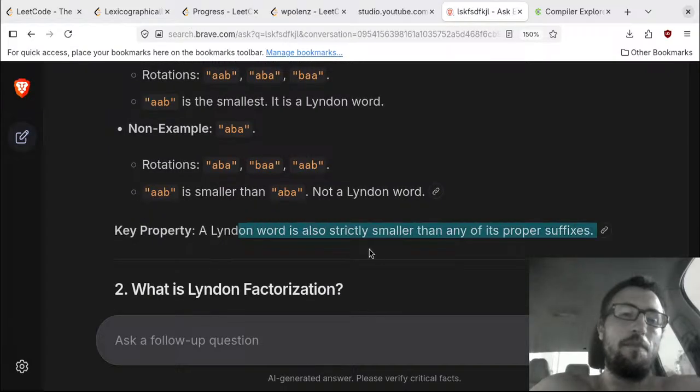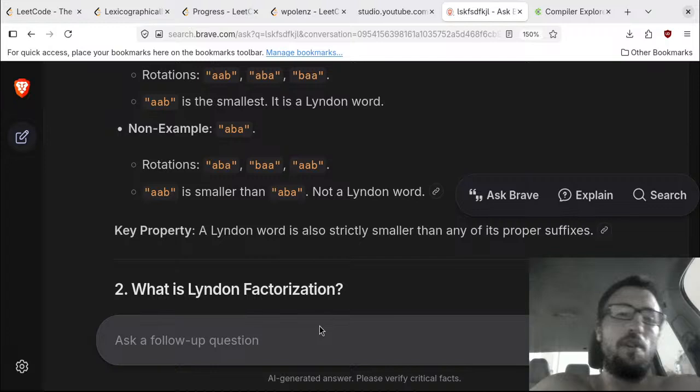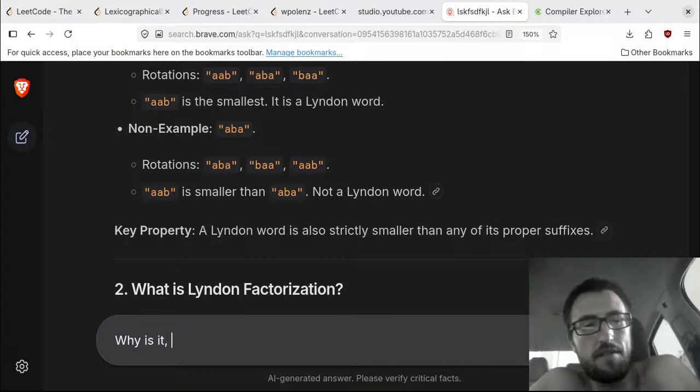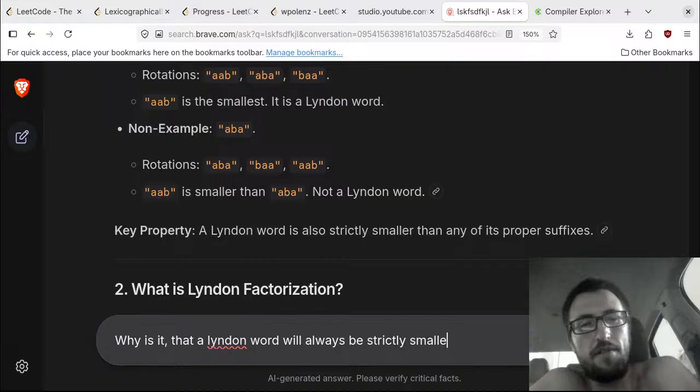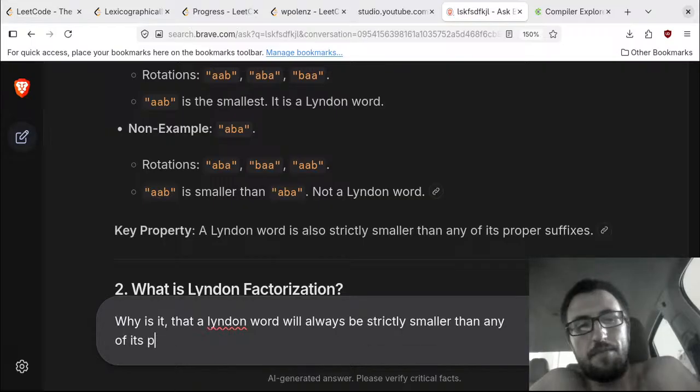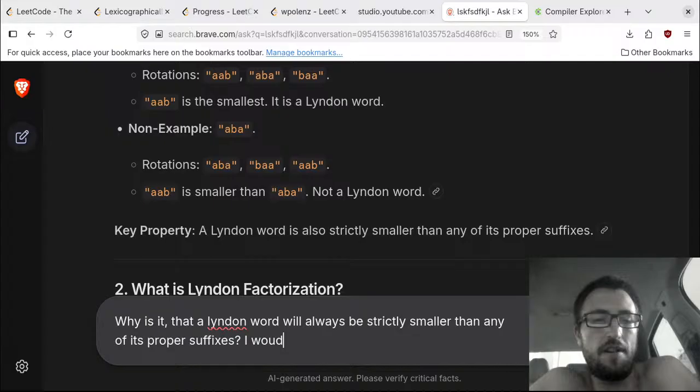Okay, that's a key property. Why is it that a Lyndon word will always be strictly smaller than any of its proper suffixes?